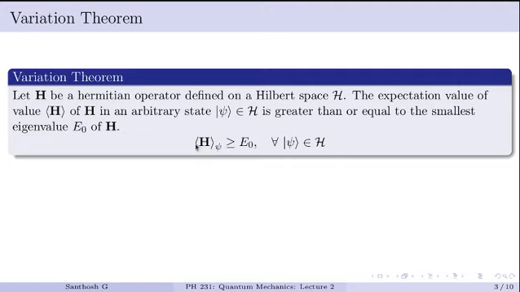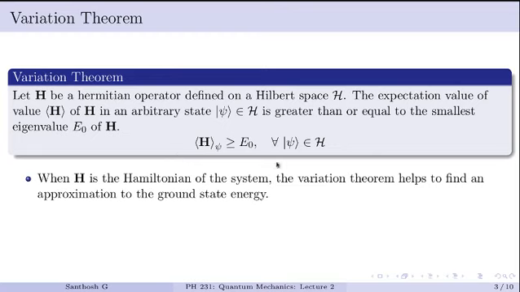Mathematically, this can be written like this: the expectation value of the operator H in a state psi is greater than or equal to E0, where E0 is the lowest eigenvalue of the operator H, and this should be true for any vector psi in the Hilbert space.